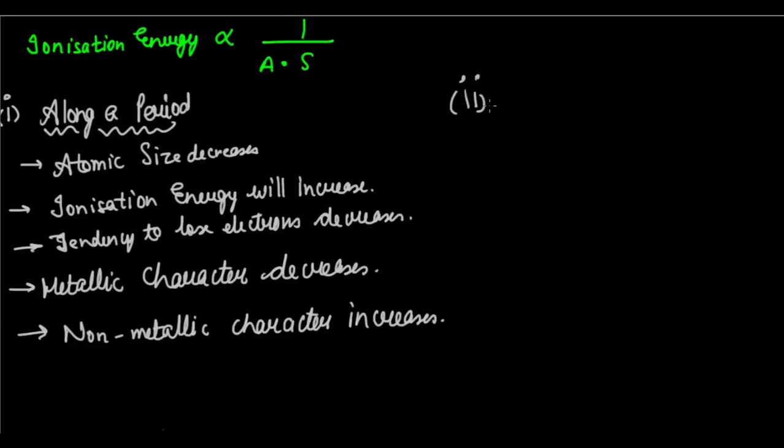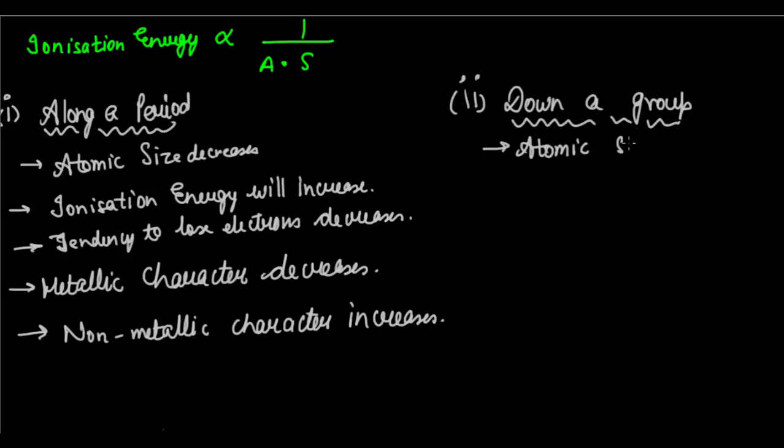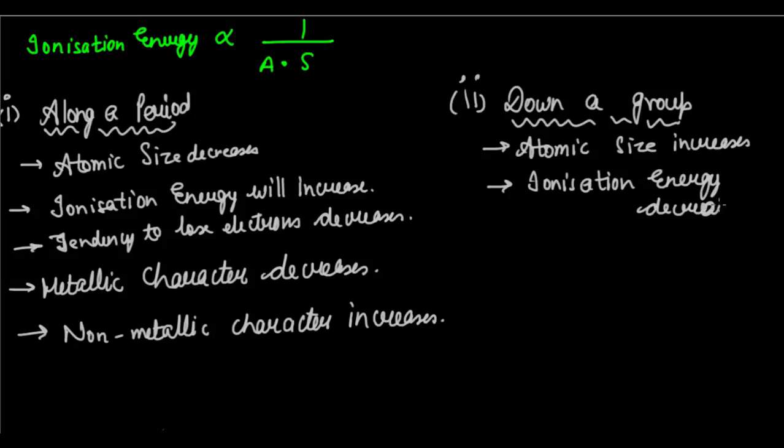Next we come down a group. So down a group, as we've discussed previously, the atomic size increases. So what will happen? Your ionization energy is inversely proportional, so it will decrease. Ionization energy decreases.